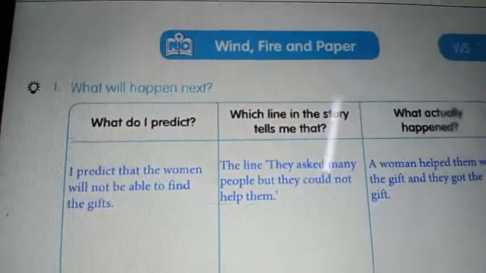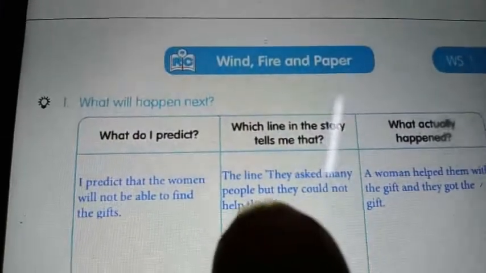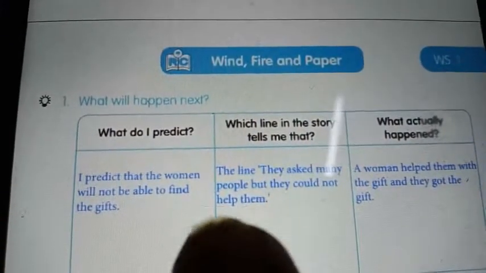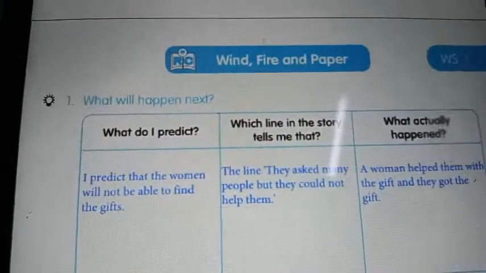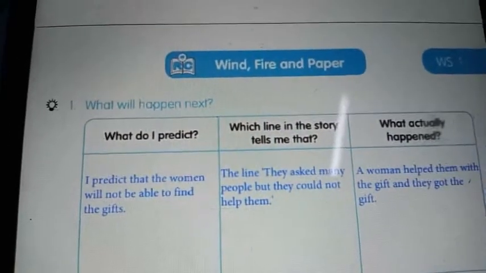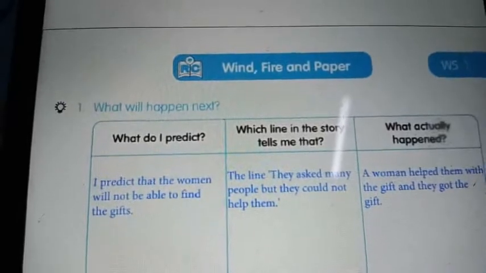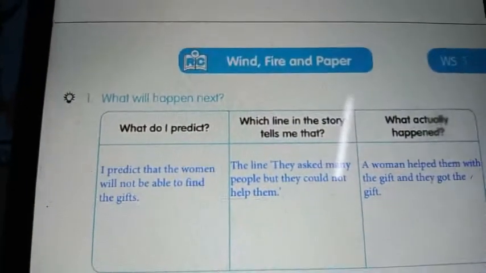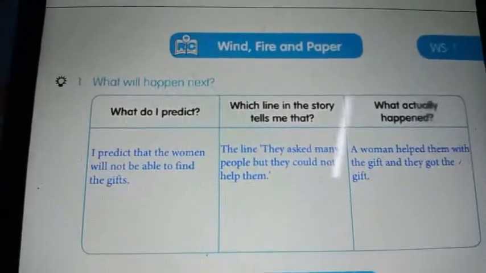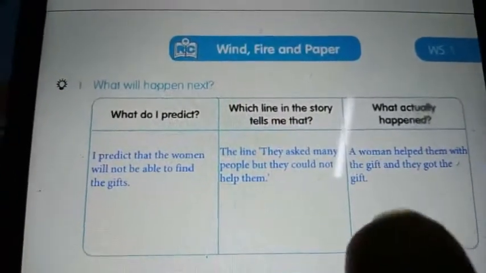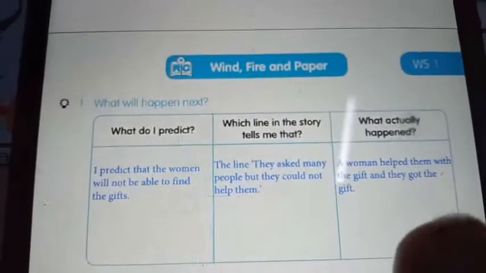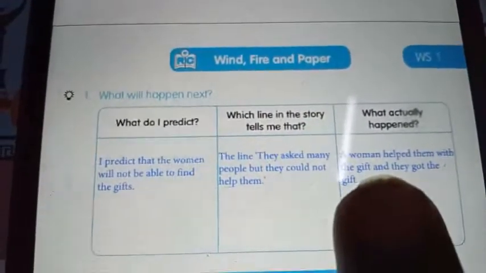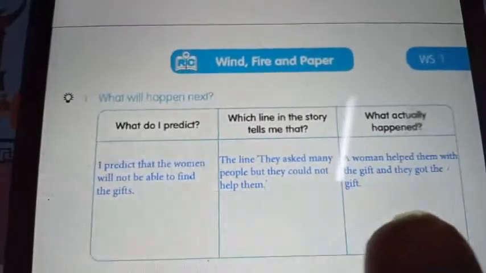Next one. The line: they asked many people but they could not help them. Which line in the story tells me that? They asked many people but they could not help them. This is the suitable answer for this. Next, what actually happened? A woman helped them with the gift and they got the gift.